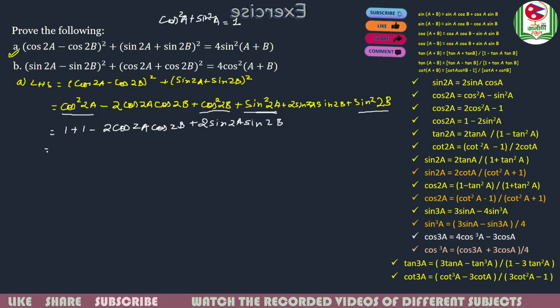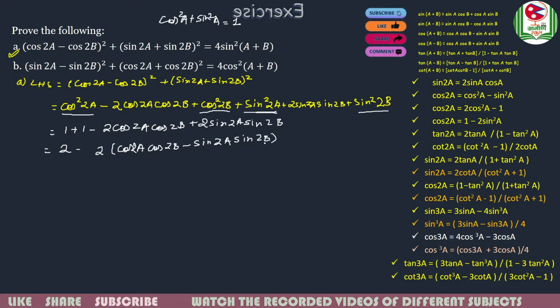Okay, this one is 2 minus how much is this going to be? Take common 2. So it is going to be cos 2a cos 2b minus sin 2a sin 2b.